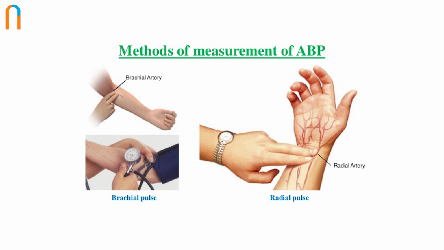Sounds of varying characters, known collectively as Korotkoff sounds, are heard whenever the cuff pressure is between the systolic and diastolic arterial pressures. The highest cuff pressure at which tapping sounds are heard is taken as the systolic arterial pressure.